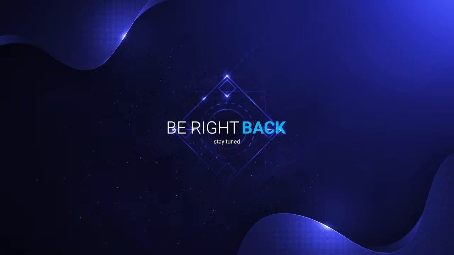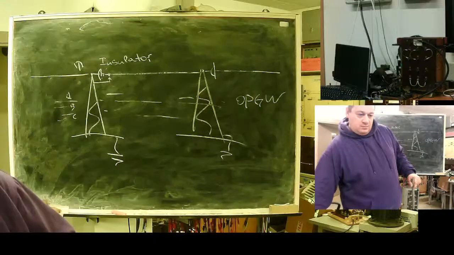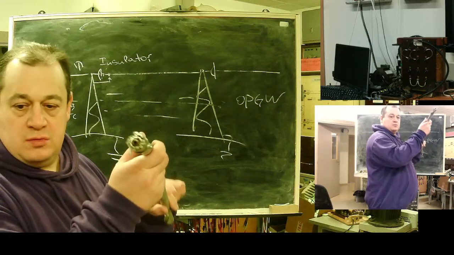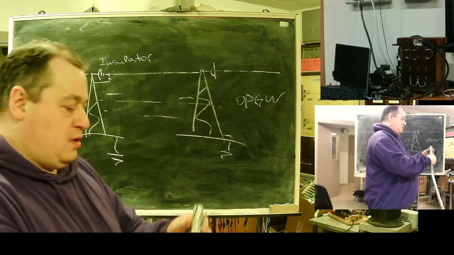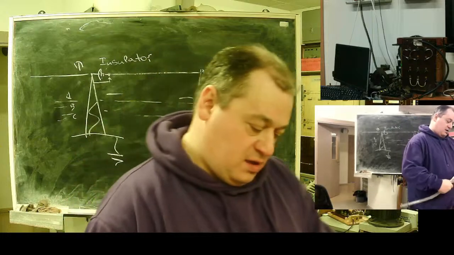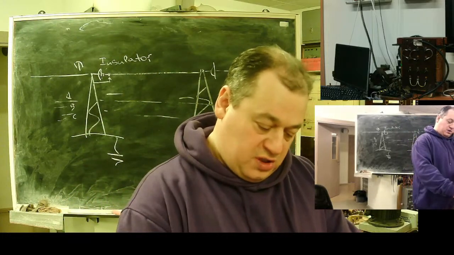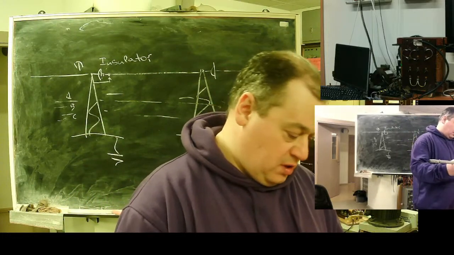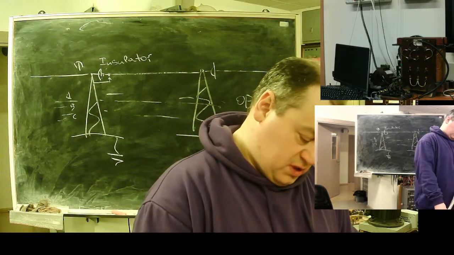Here it is. OPGW. Outer layer, hard aluminum. There should be steel reinforcement.